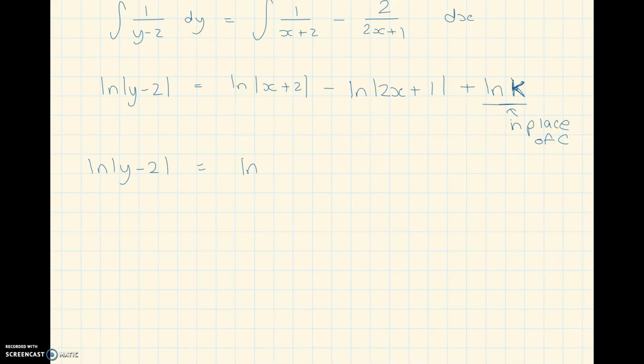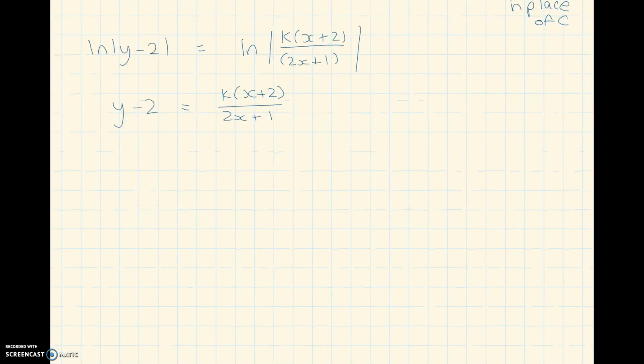So I'm going to write that as log of k times (x plus 2) all divided by (2x plus 1). Now I've got log of one thing equals log of another, so at that point I can cancel the logs. So y minus 2 must just equal k times (x plus 2) over (2x plus 1).